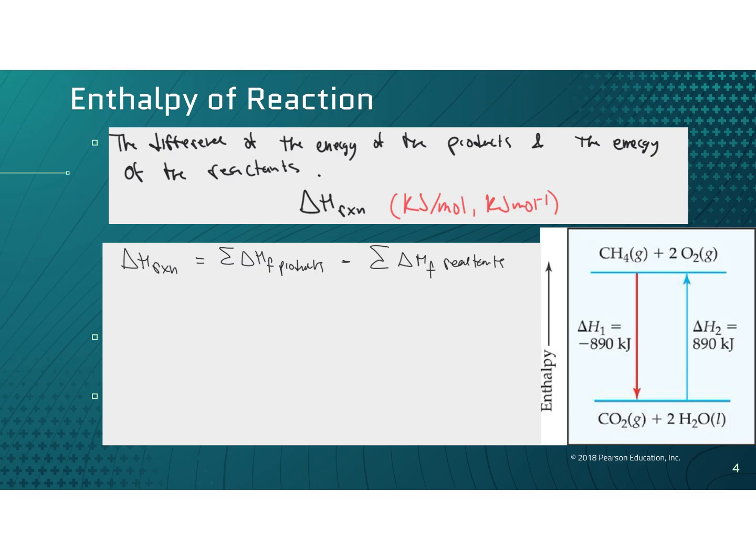And we'll do an example later, but the enthalpy of the reaction is going to be equal to the sum of delta HF of products minus the sum of delta HF of reactants.